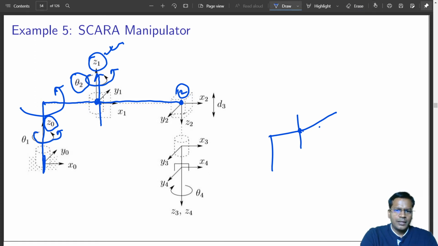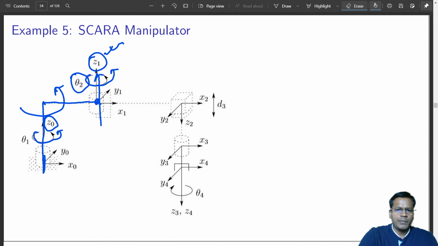Going to the next, this link has a prismatic joint now. What is a prismatic link? This time you don't have a rotary joint. This point has a prismatic joint which can take point 3 with respect to 2 by a translatory motion. So this point can go up and down.